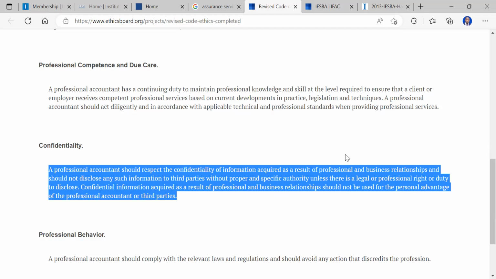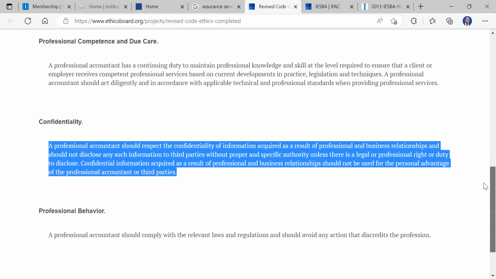So that is a rare case, okay? So unless you're required by the law to provide that information, you should never just provide confidential information to anyone, okay? So that is very important.